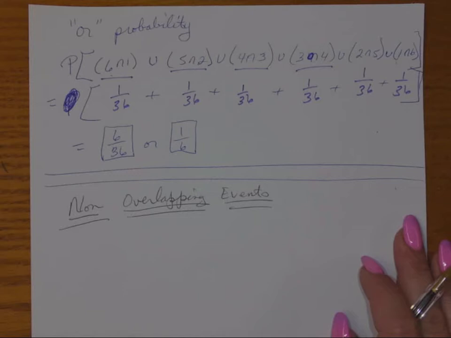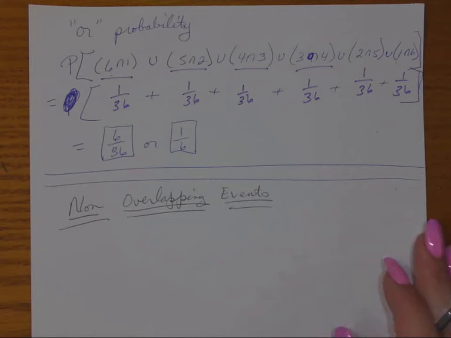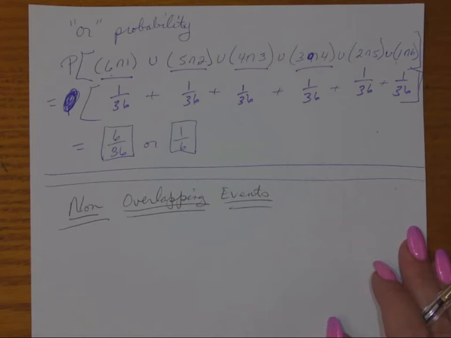So the red die and the blue die: the roll for the red die basically has nothing to do with the roll for the blue die, right?